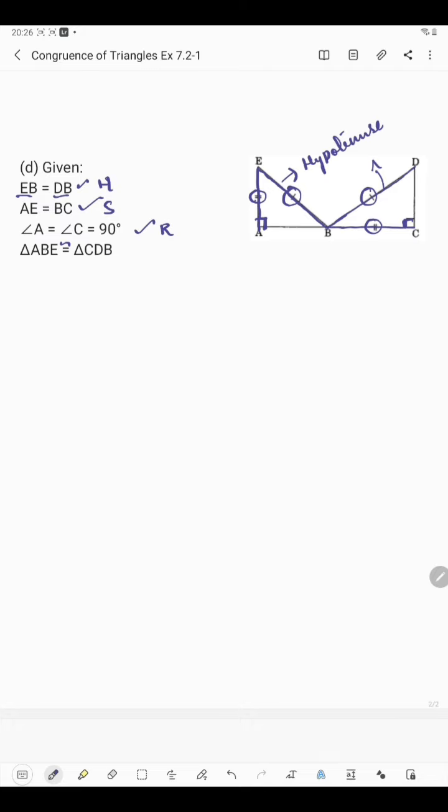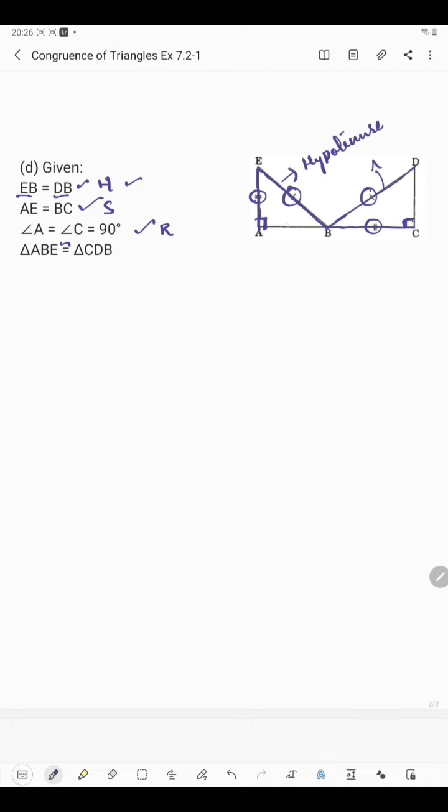Now we will have to find by which congruency triangle ABE is congruent to triangle CDB. Since this is a right angle triangle, and in a right angle triangle the hypotenuse is equal and one of the sides, here side AE is equal to side BC. Any one of the sides will be equal.